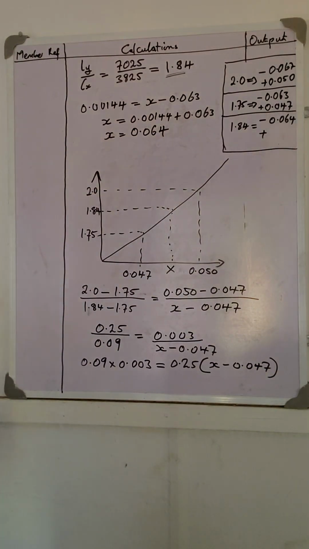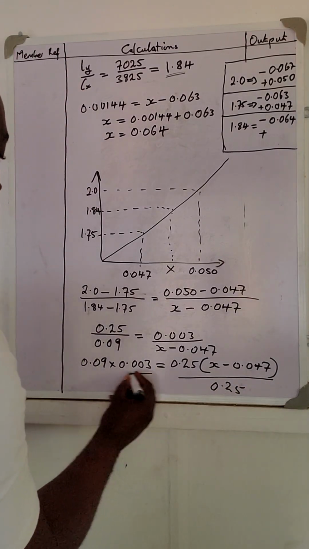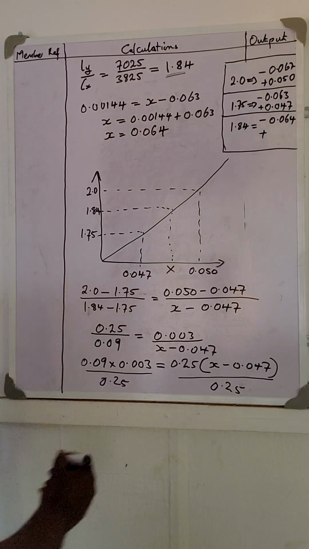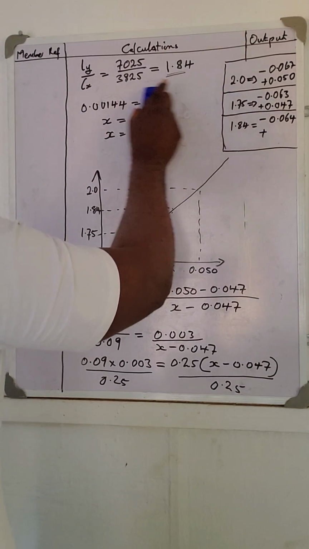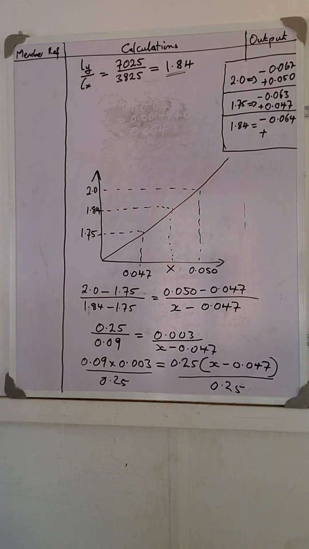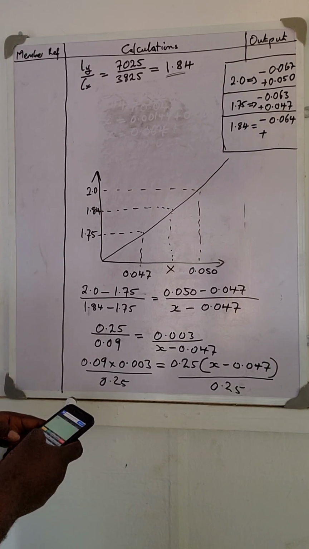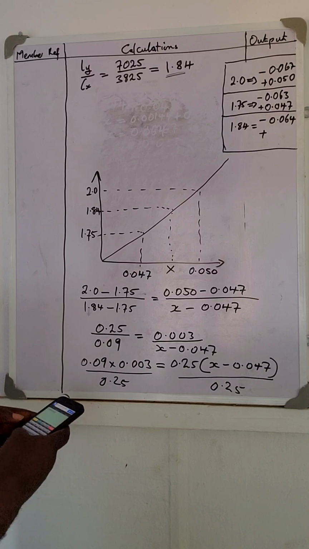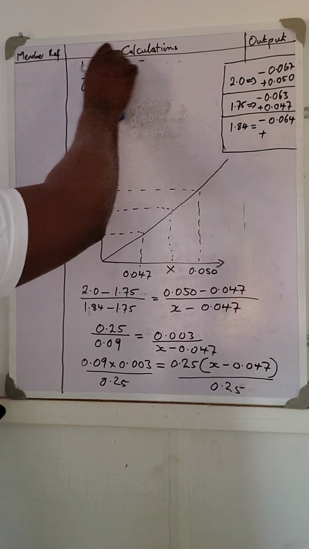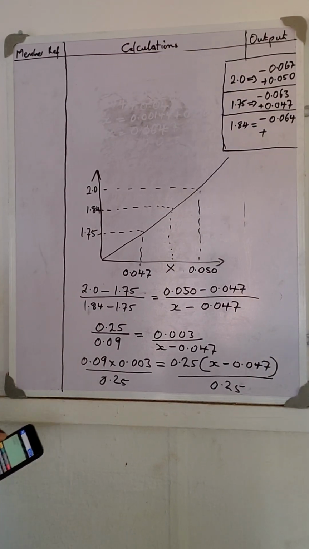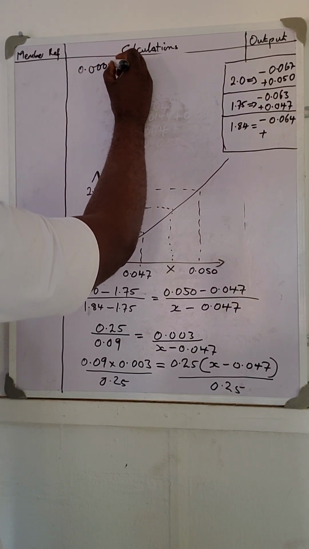And let me also divide by 0.25. You do that, we're going to have 0.09 multiplied by 0.003, which is 0.00027.